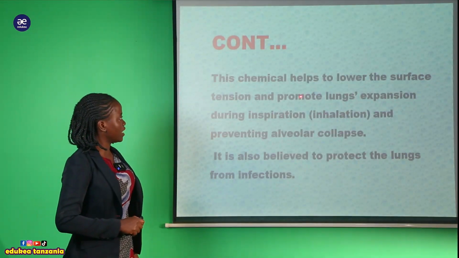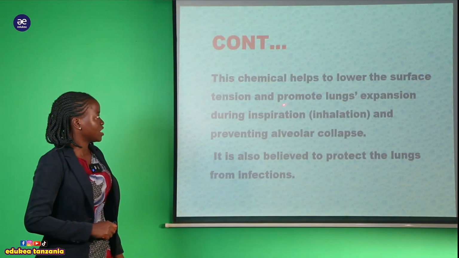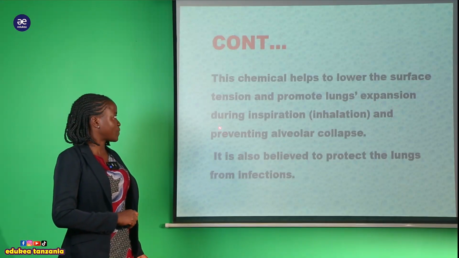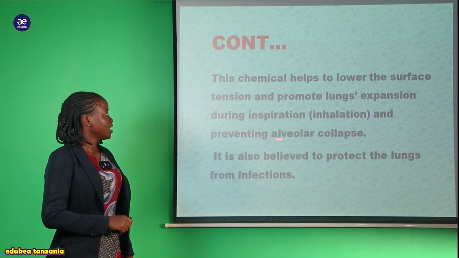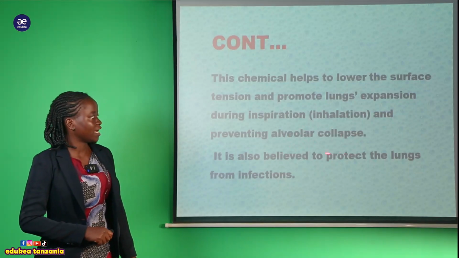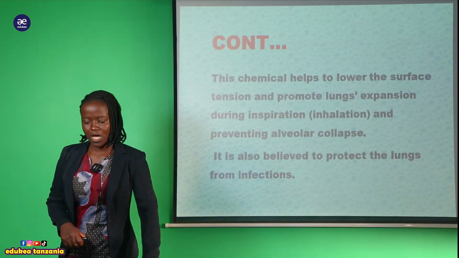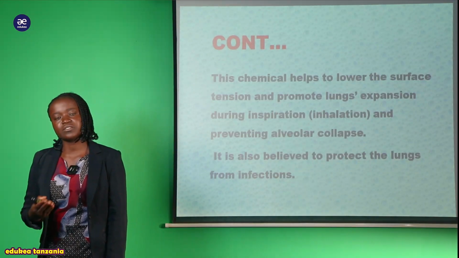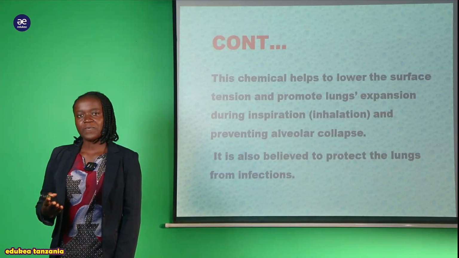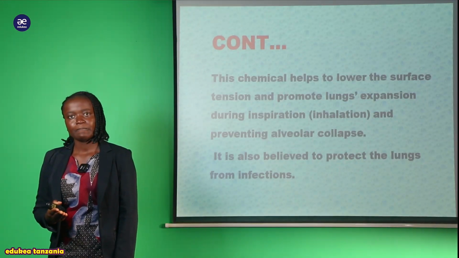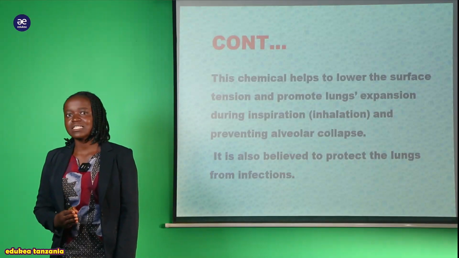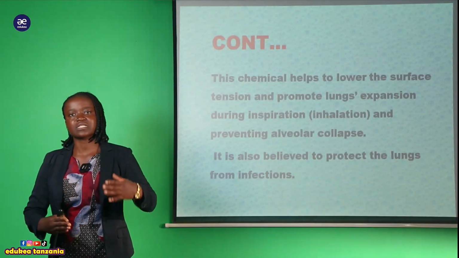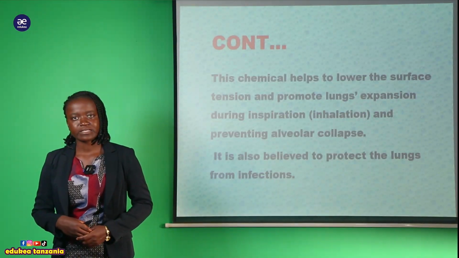So this chemical helps to lower the surface tension and produce the lungs expansion during inspiration or inhalation and prevent alveolar collapse. So now we can say that those chemicals comprising of the phospholipid together with the protein ndizo ambazo sasa zinapelekea kuproduce surface tension within the lungs.